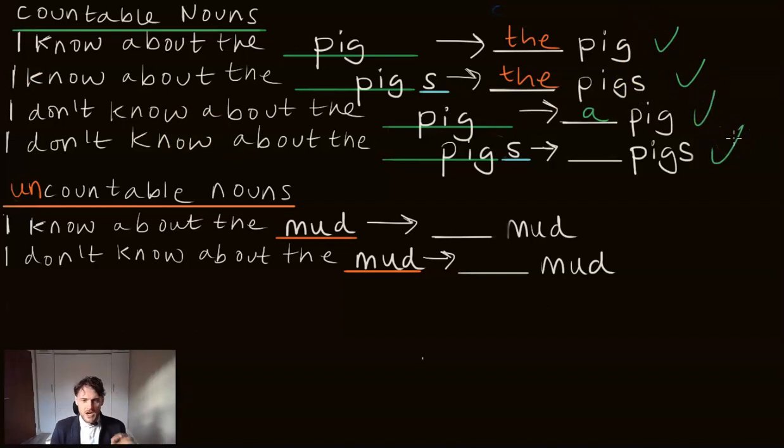Uncountable nouns. I know about the mud. The mud. Yep, it's an uncountable noun that we know about. Second one, I don't know about the mud. No article. Okay, well done if you got that correctly. Good job.